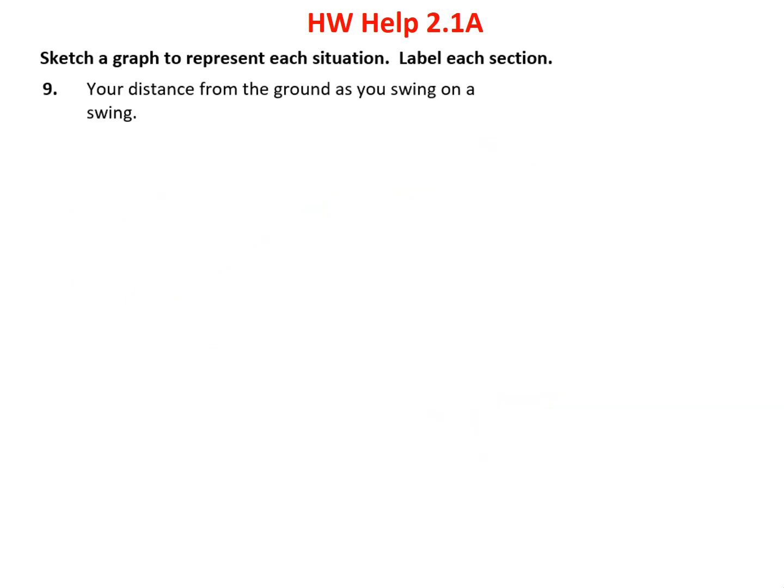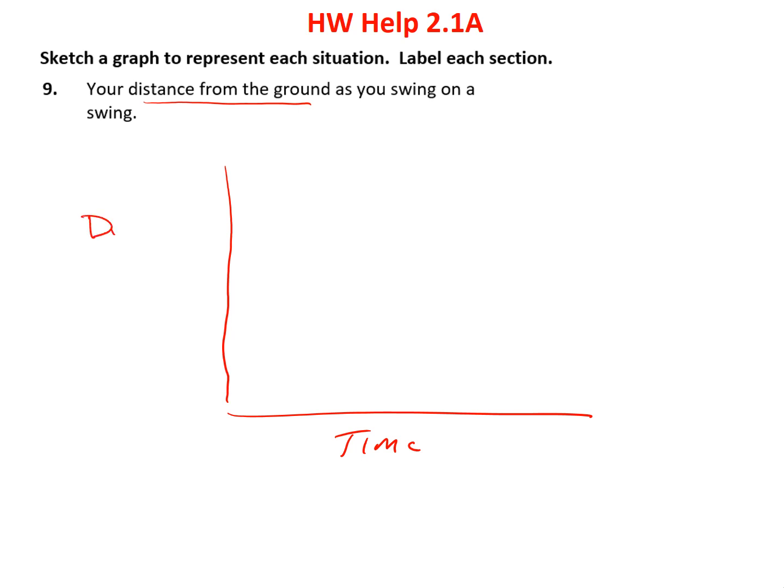For our last problem, we're going to sketch a graph to represent the distance from the ground as you swing on a swing. So our two things are, once again, time here, because as we swing, we're going to go up and down on the swing, and here's our distance from the ground.